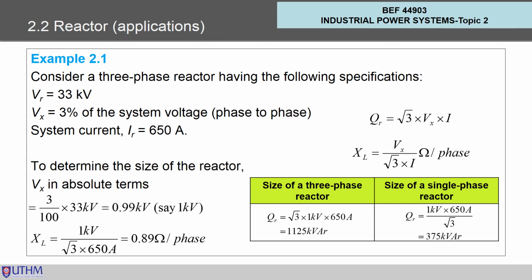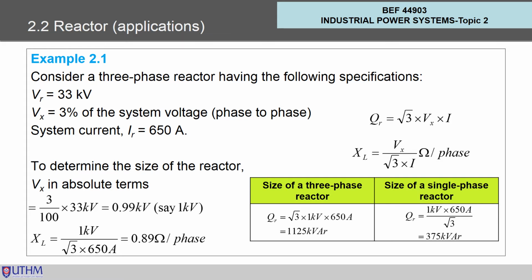We have to determine the Vx first. Vx is 3% of the system voltage, so we multiply 3% with 33 kV to get the Vx value, which is equal to 0.99 kV, and say we take 1 kV for our calculation.